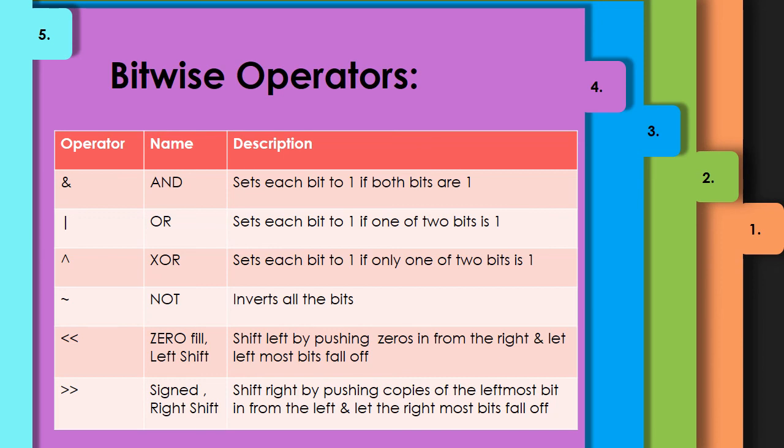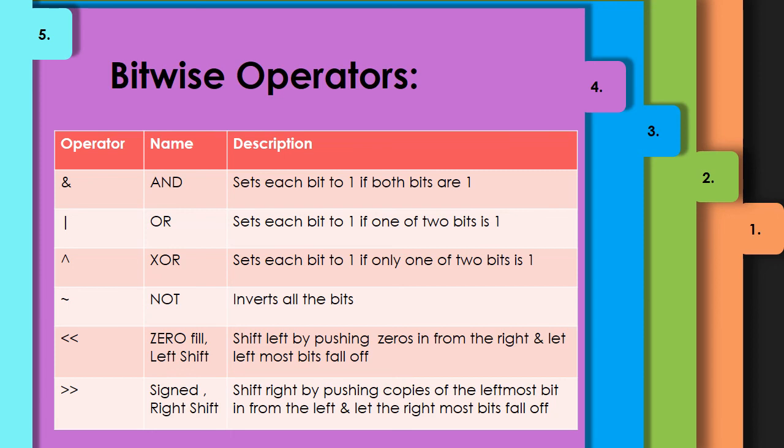It works the same as the logical OR operator. Now the XOR operator. It sets each bit to 1 if only one of two bits is 1. It will set 0 if both bits are 0 or both are 1.